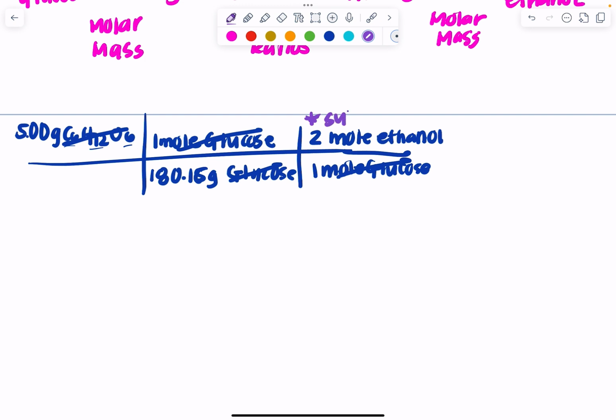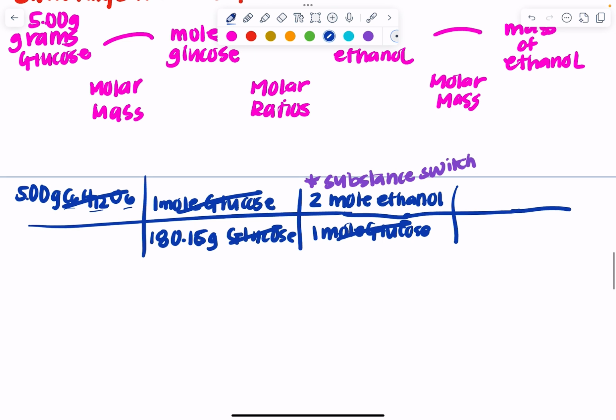Now we're no longer in glucose, we're in ethanol. And then, of course, we're going to go to mass of ethanol. So 1 mole of ethanol is 46.07, I think, grams of ethanol.